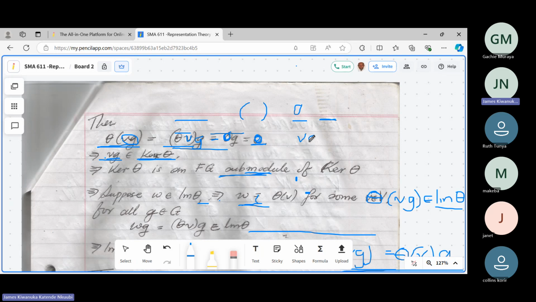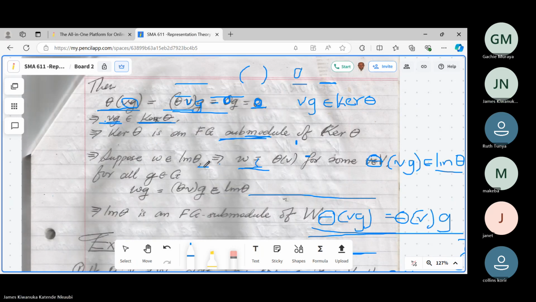So we have confirmed that if V is in the kernel, then VG will also be in the kernel. So we conclude it's an FG submodule of V, the kernel of theta, so this FG submodule of V.